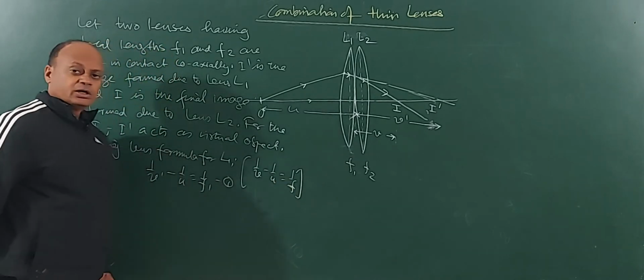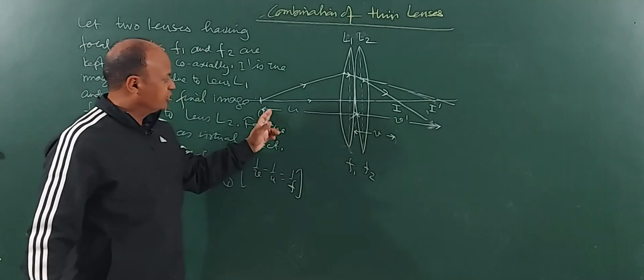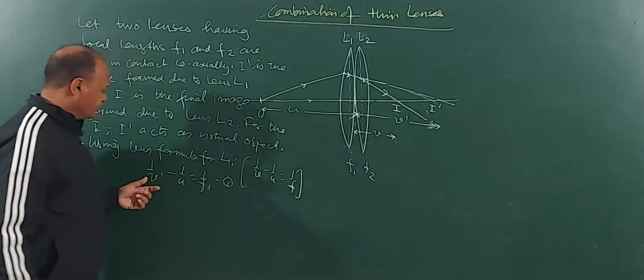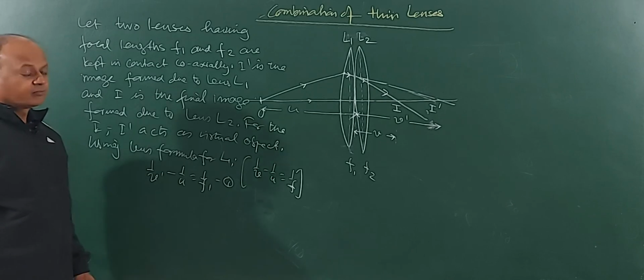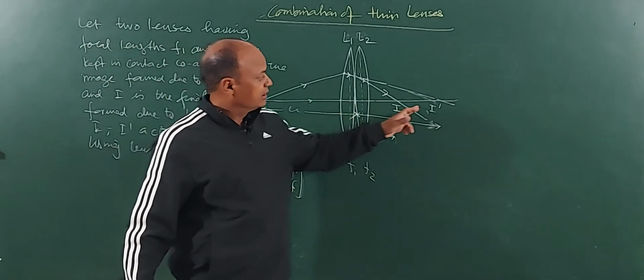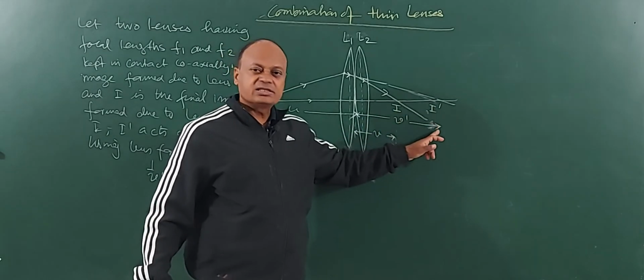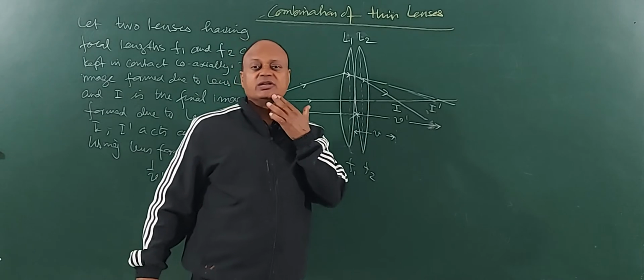For the first lens, v equals v dash, and u of course is u. If you put in the values, 1 by v dash minus 1 by u is equal to 1 by f1. Clear? Now, for the final image I, the object will be at what distance? v dash, not u, because I dash acts as a virtual object.